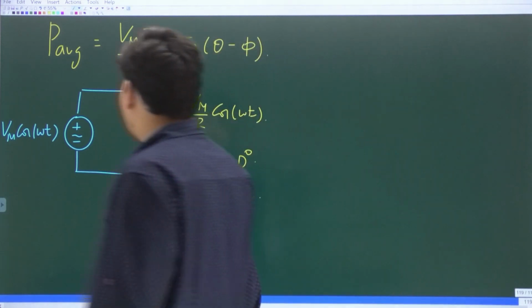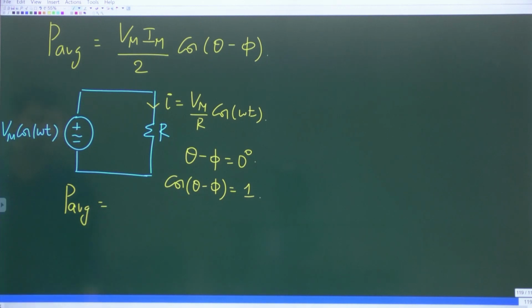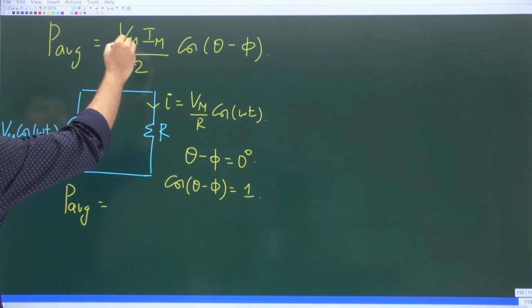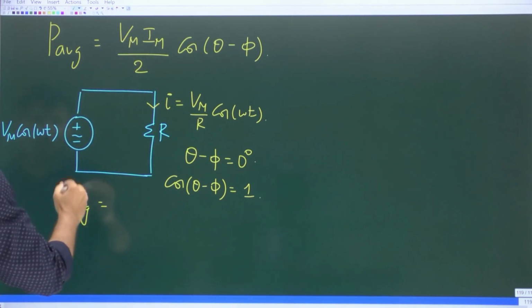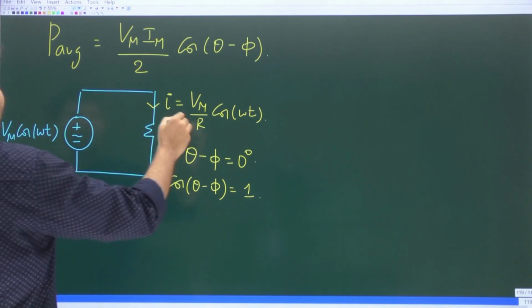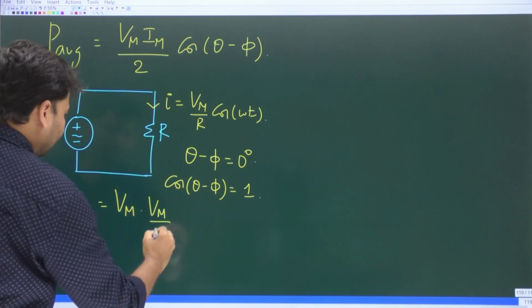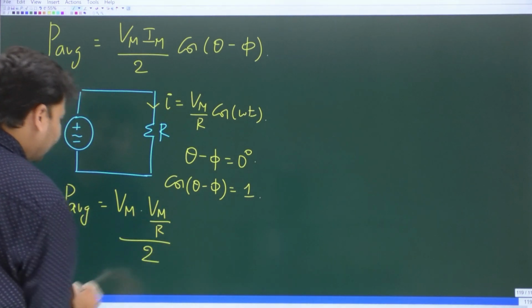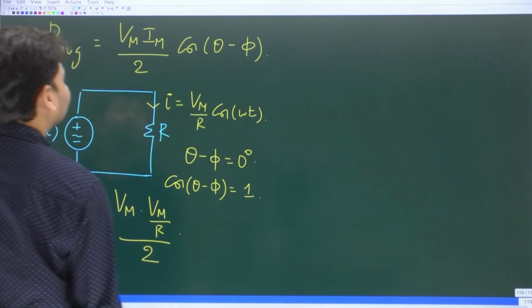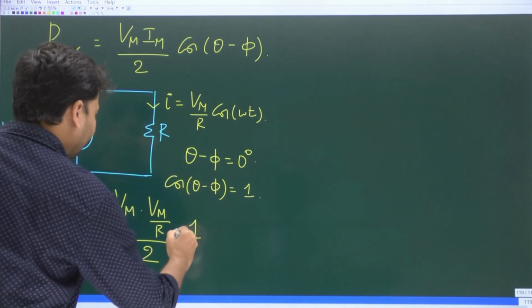Now what is the average power absorbed by this resistor? Let us just use this formula: the amplitude of voltage, Vm, times the amplitude of current, which is Vm by R, divided by 2, times cos of theta minus phi, which is 1.